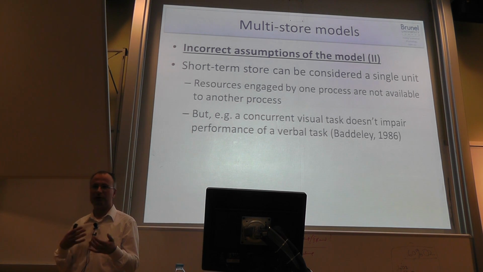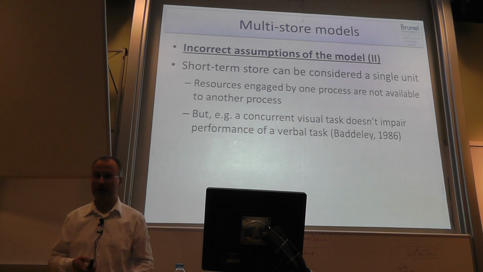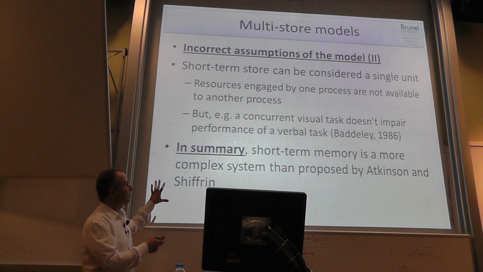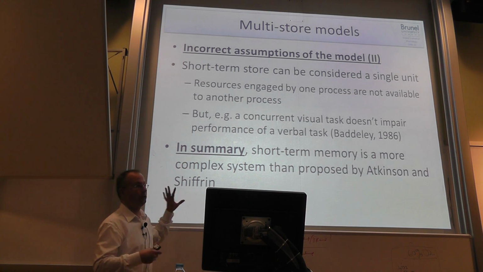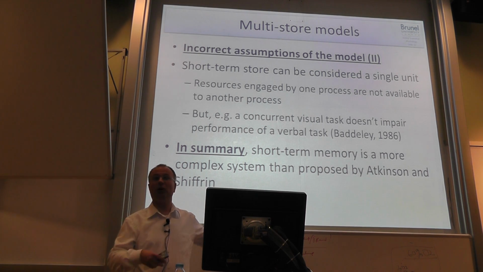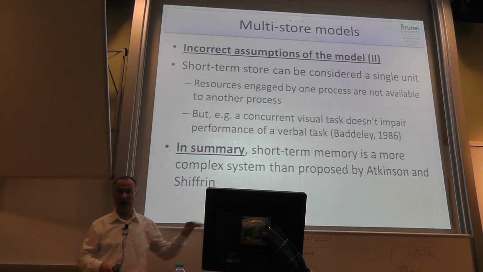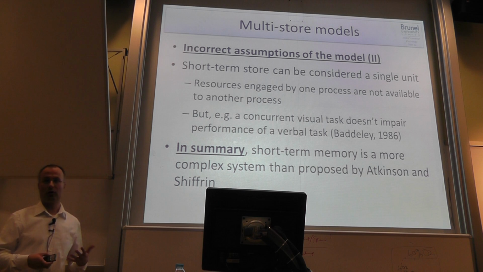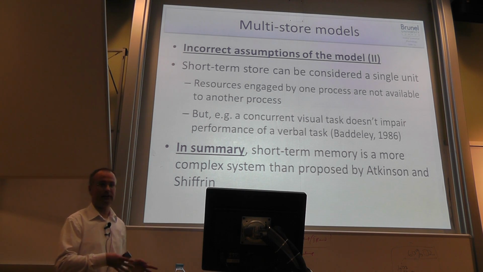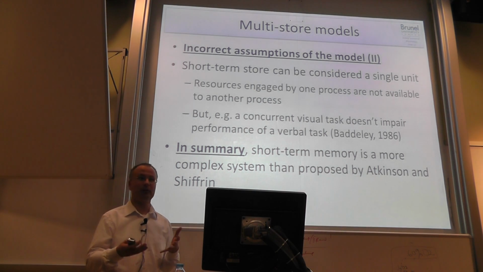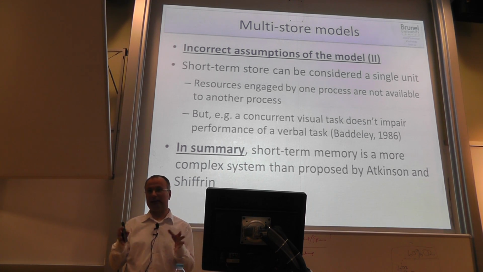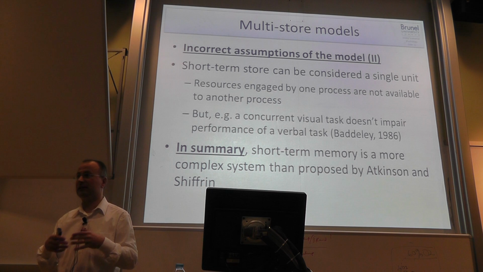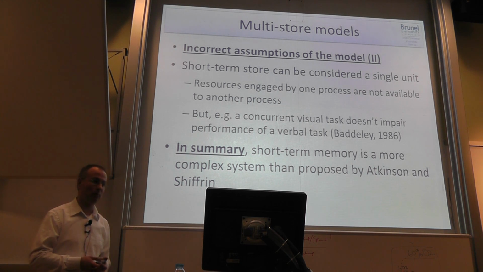Under certain circumstances, we can do two things in parallel, more or less. So we don't have to go into too much detail about the criticism because it is a rather old model. The key message here is that it is more complex than their model initially suggested, and that's a typical way. You start with a rather simple model, and then you have to accommodate new findings, and models become more complex.